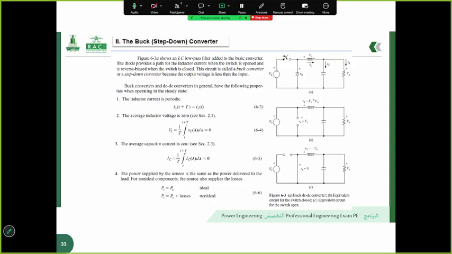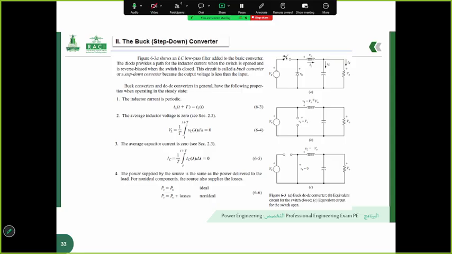The switch or transistor turns on and off rapidly, controlling how much of the input energy is delivered to the load. This circuit is called a buck converter or step down converter because VO is less than VS.